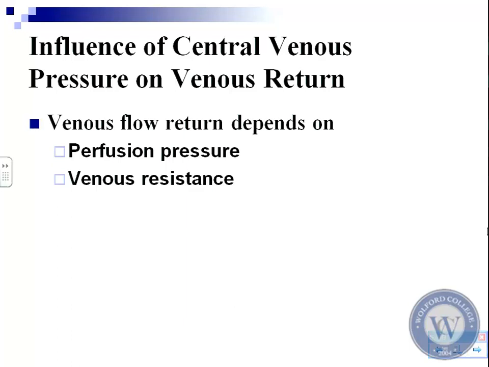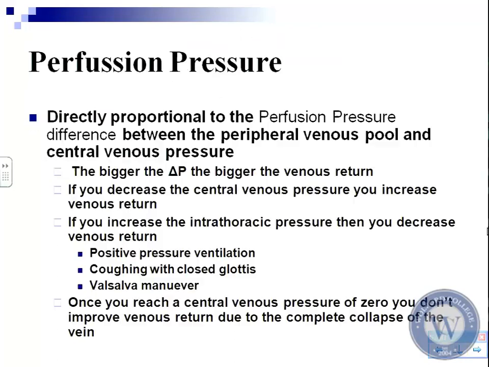So really perfusion pressure is much more important. And that perfusion pressure is going to be affected by intrathoracic pressure changes. Perfusion pressure is directly proportional to the pressure difference between the peripheral venous pool and the central venous pool. The bigger the delta P, the bigger the venous return.